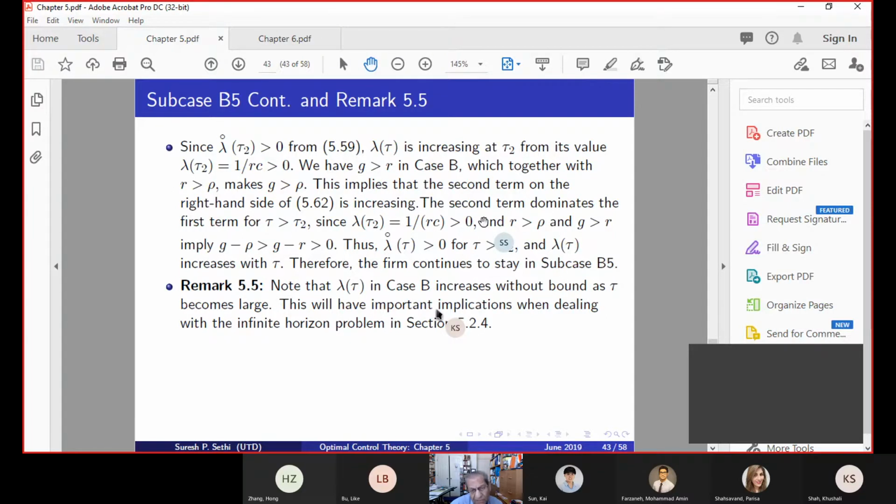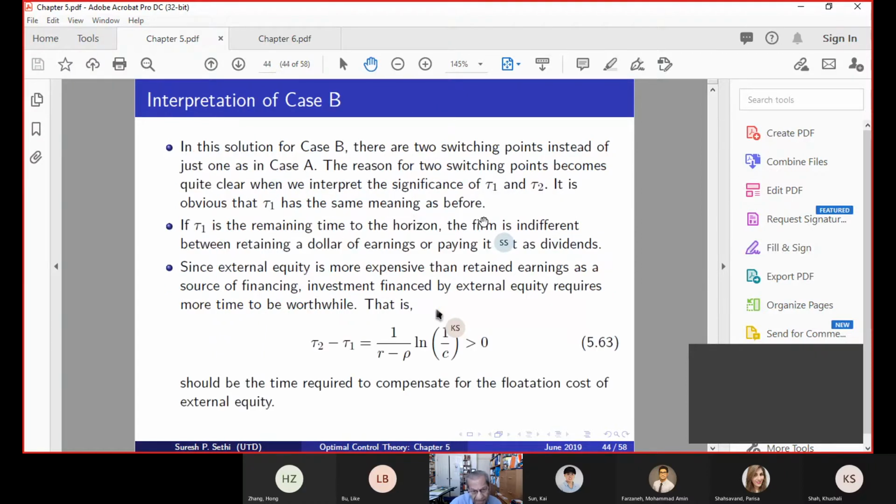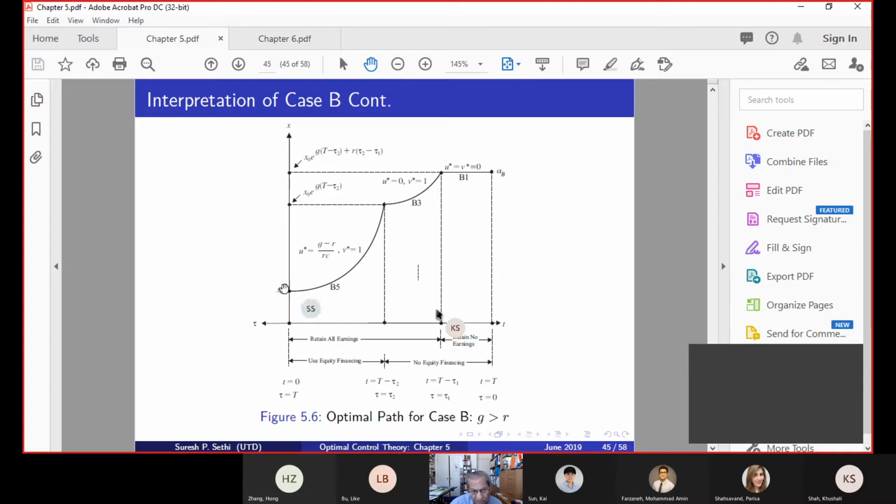It is really almost the same as before. And we basically have come to the point where we have derived this. Once again, you see there's a mapping. We go from here to here, go from here to here, then continue in case B5, and I will reach somewhere.